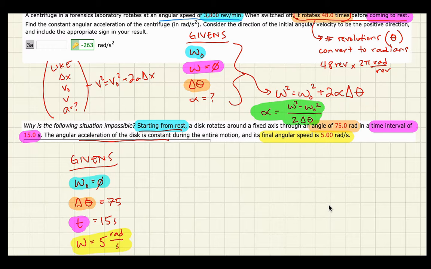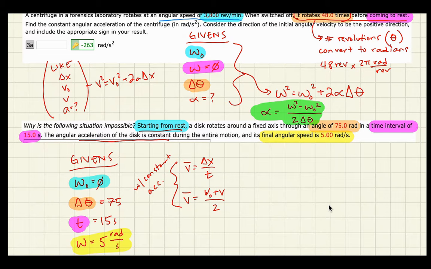I would look at what I'm given: an initial velocity, a final velocity, a time, and an angle. Well, in the linear world, average velocity is delta x over t, and average velocity is v naught plus v over 2. This is true with constant acceleration.